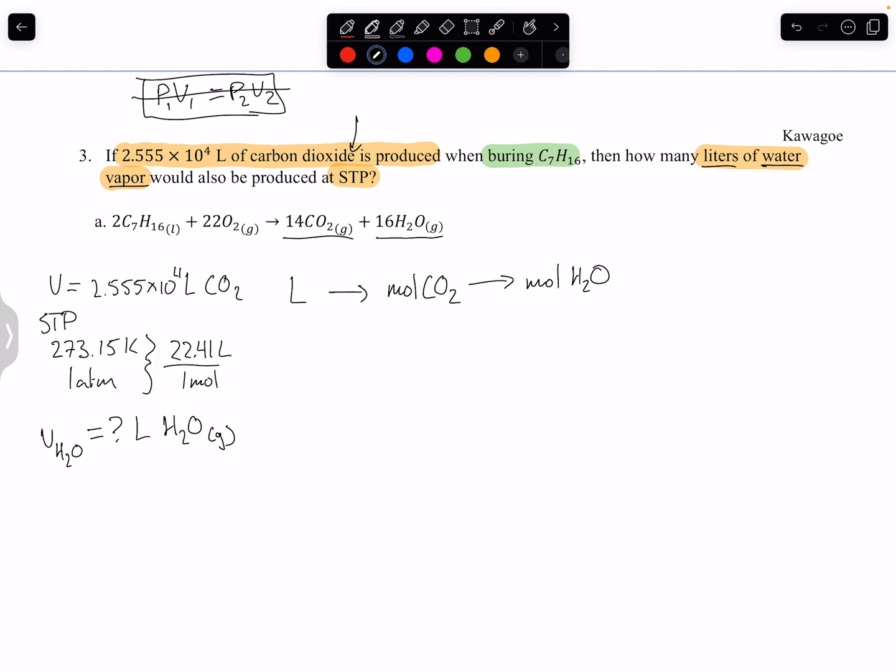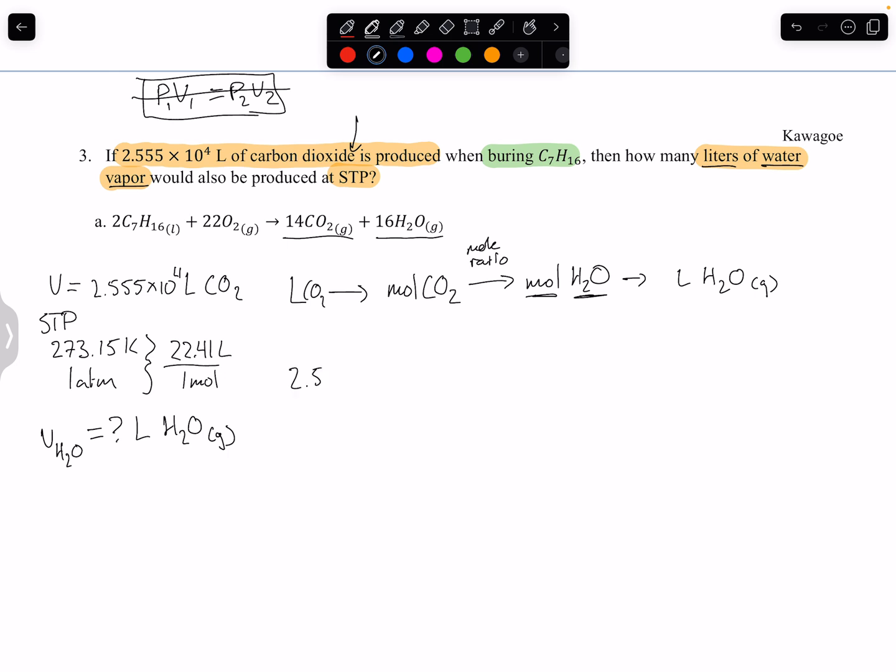That'll get us from liters of CO2 to moles of CO2, and then we use the mole ratio to convert from CO2 to water, and then we can use 22.41 liters again, because now we have moles of water, we can convert that into liters of water. Again, gas. So this only works for gases. 22.41 liters only works for gases.